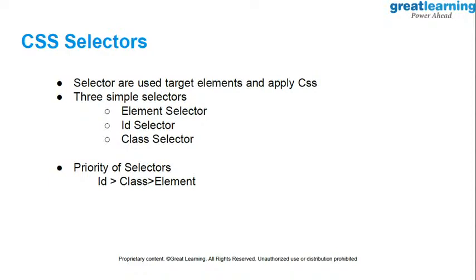This is called an element selector. There are many selectors, but the most simple selectors are element selector, ID selector, class selector. The priority is that ID will have much more priority as compared to class and as compared to element. Is this clear now?